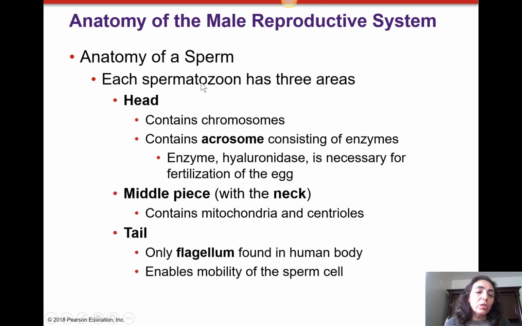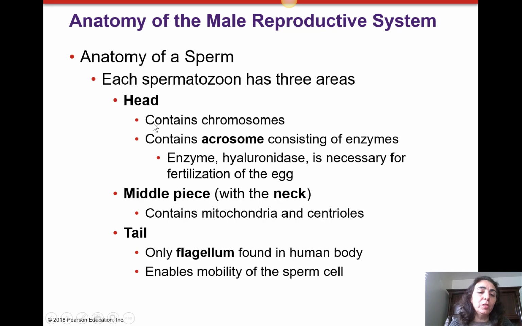If you want to go over the structure of one single sperm, it has three parts: head, middle piece, and tail. In some books you may see that they divide it into 4 parts, but they are all the same. They have put two parts in one.